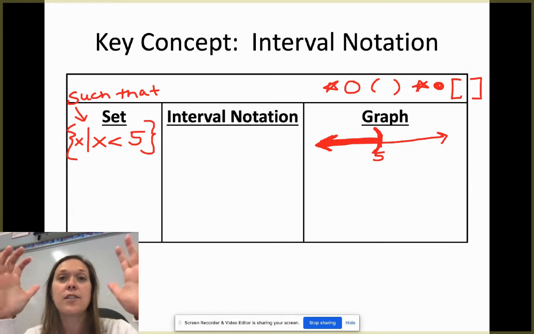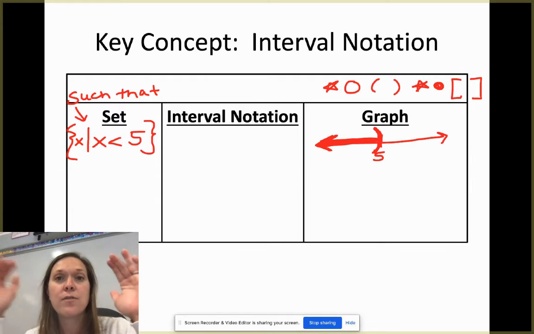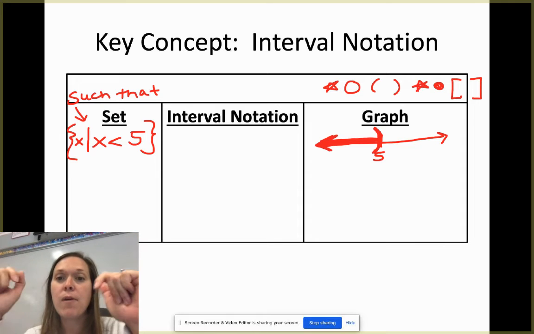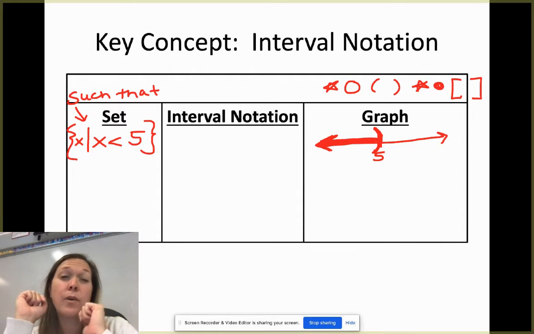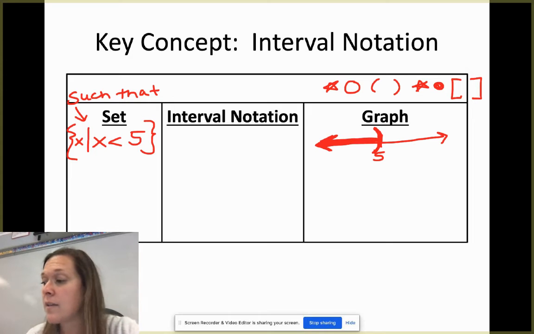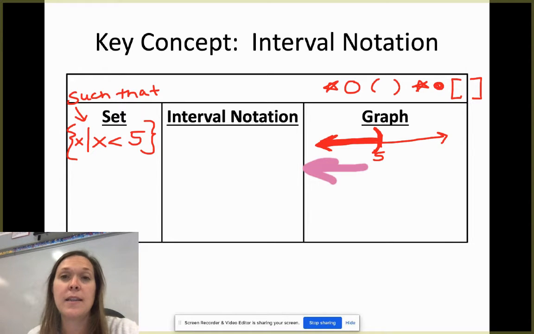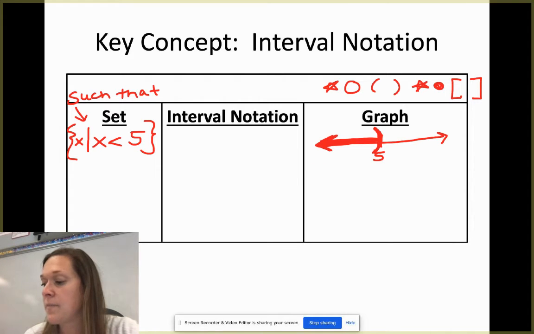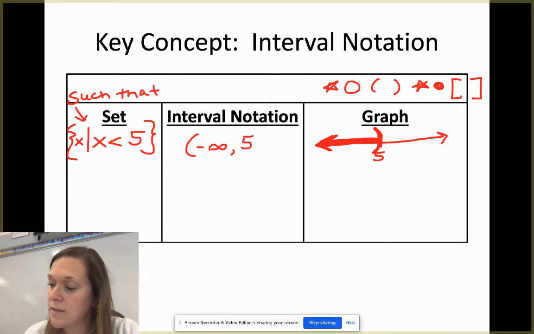Interval notation goes from left bound to right bound. So on my graph, what is the furthest left point that's on it? Well, it keeps going on and on in the negative direction, all the way to negative infinity. So I'm going to do a parenthesis, negative infinity, comma, and then my right bound is 5.